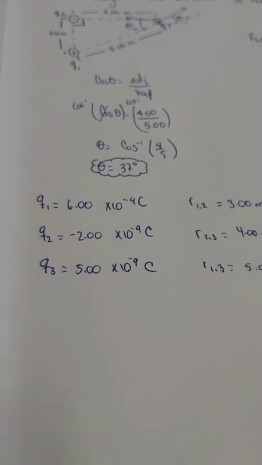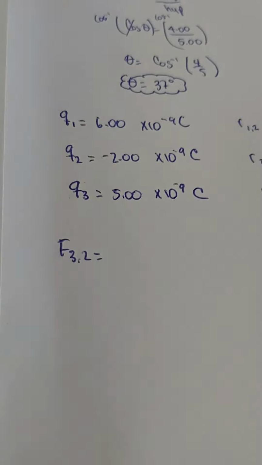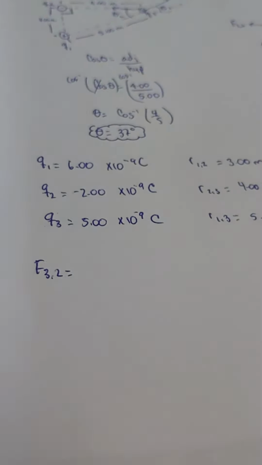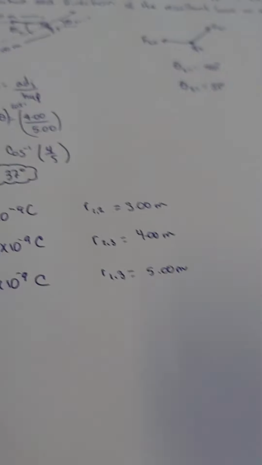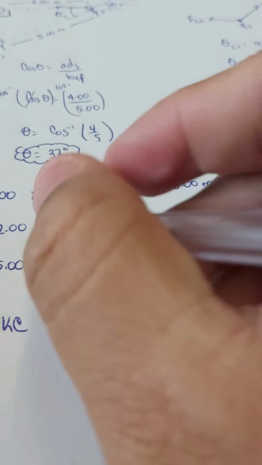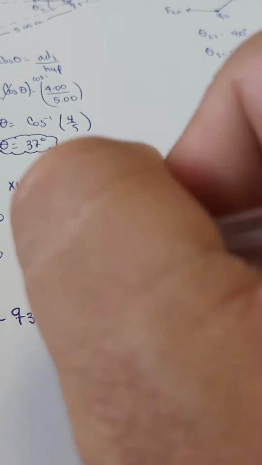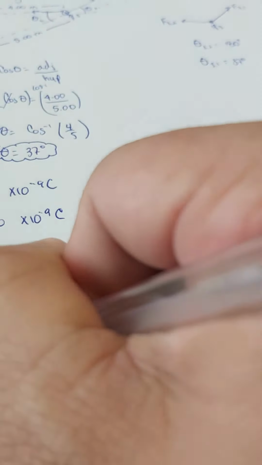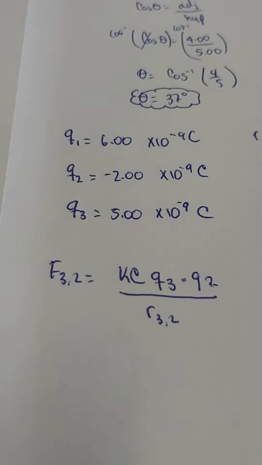Let's start by finding F32, the electric force 3,2. Using Coulomb's law, F32 is equal to the Coulomb constant times charge 3 times charge 2 over radius 3,2 squared.